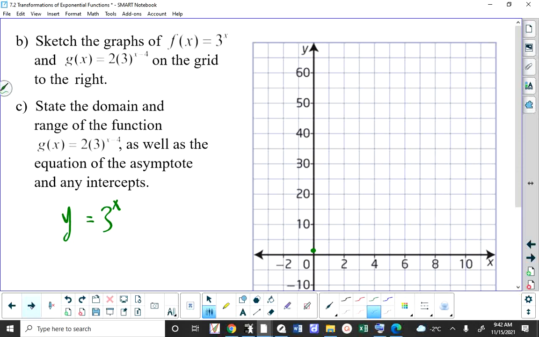Remember that a base of 3 means when x goes up by 1, y gets tripled. So when x is 1, y will be 3. When we take 3 and multiply by 3 again, we get 9. So when x is 2, y is 9. And we can triple that again. When x is 3, y is 27.